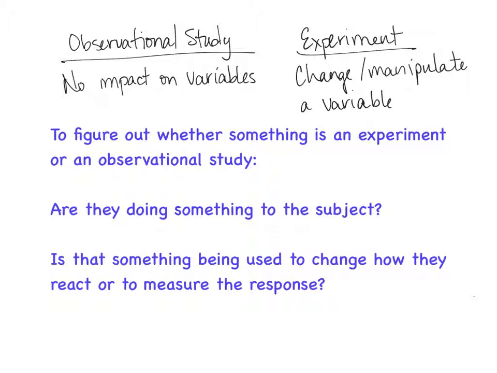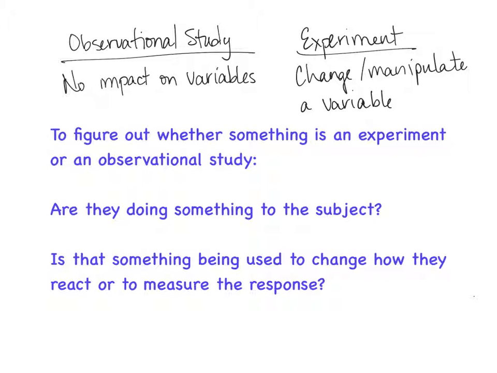Now, something that came up on one of the examples was a test of memory and reaction time. They took a group of people of a certain age and tested their memory and reaction time. The fact that they gave them that test didn't change their memory or their reaction time.